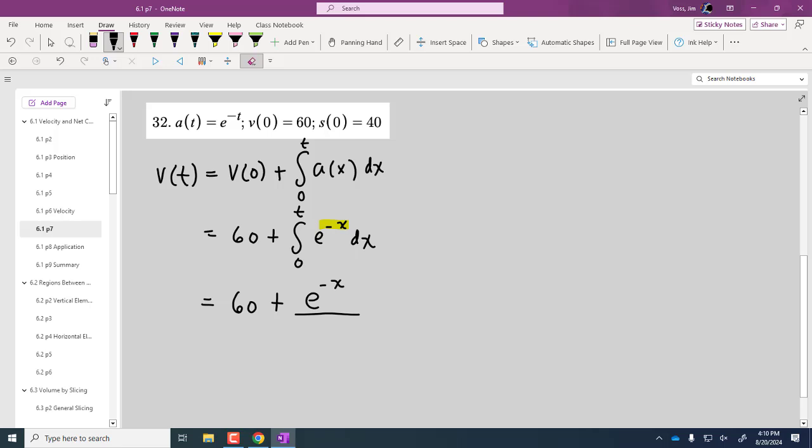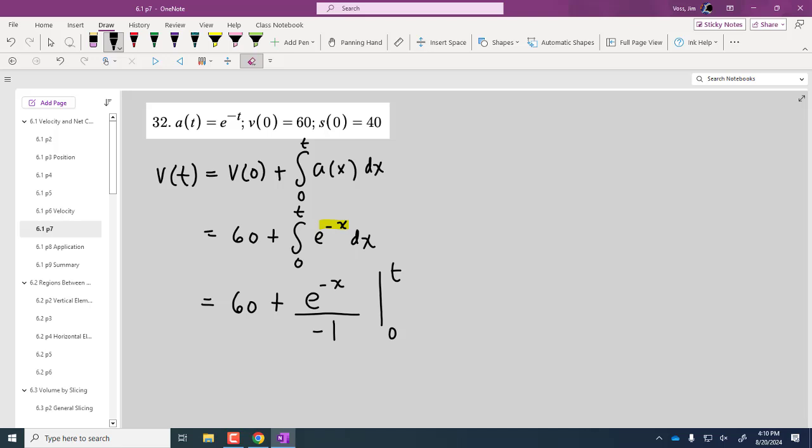What's the derivative of that exponent? -1. If it was a chain rule, you'd multiply by the -1, but it's a reverse chain rule, so you divide by -1, which actually would be the same in this particular case. So we get that. And then our limits of integration, 0 and t.